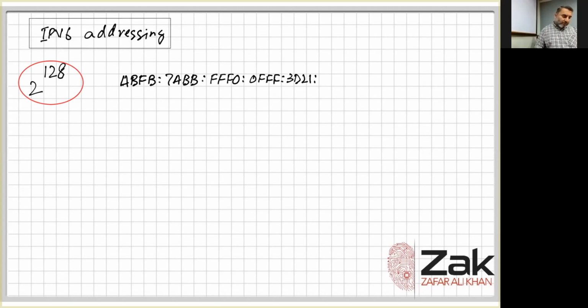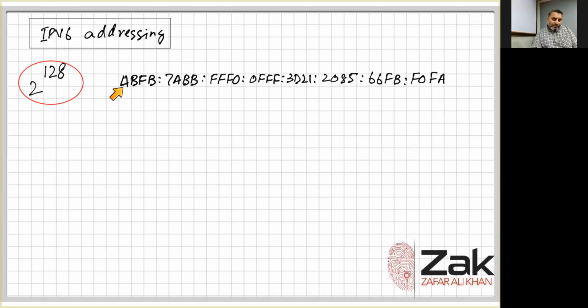It's a long address always. 2085 and 66 FB F0 FA. So one hexadecimal digit takes 4 bits.